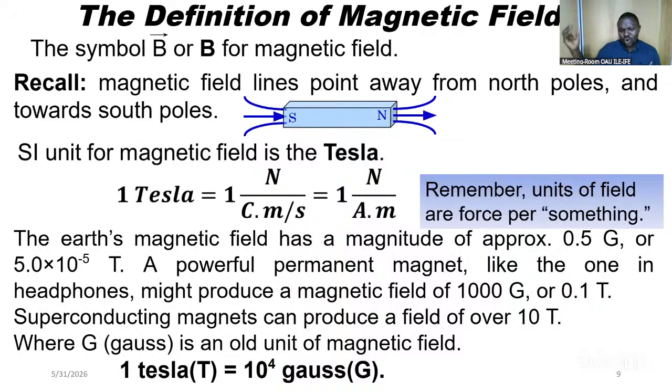In America, they are still using Gauss as a unit of magnetic field. So if I want to see whether my students are following, I can give you a simple problem with the unit in Gauss, and I am expecting you to convert that Gauss to Tesla. And 1 Tesla is equal to 10 raised to power 4 Gauss.